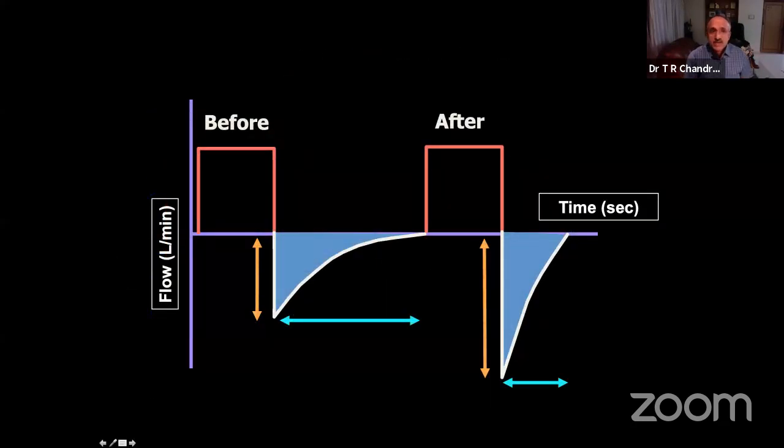Look at here, what is there? There is a decreased peak expiratory flow, and it is prolonged. I have sensed it's taking too much time, the expiratory flow is not adequate. I have given something to the patient. Now the peak expiratory flow has increased and the expiratory time has decreased. What have I given to the patient? Understood?